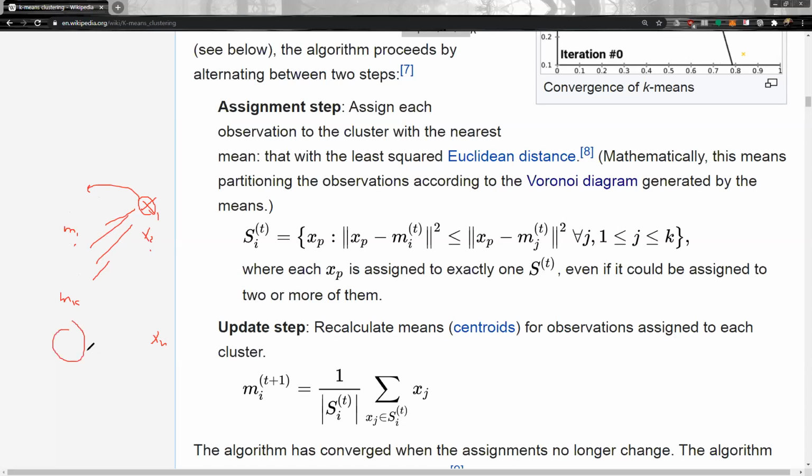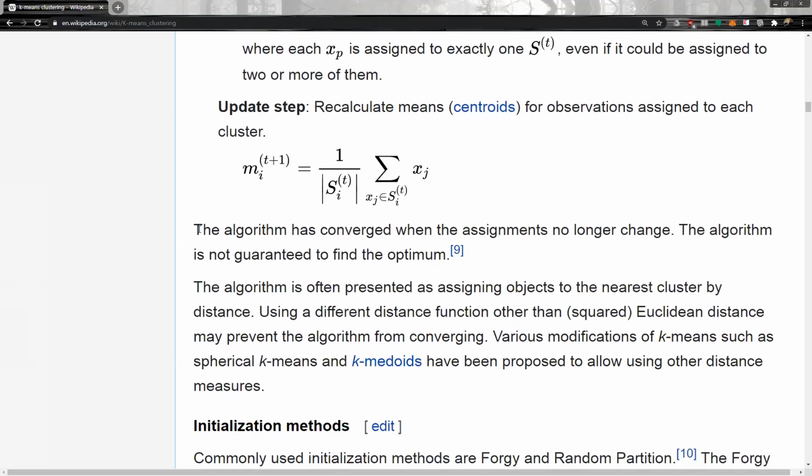Once we have clusters, we again calculate the centroid of each cluster, and we repeat several times until the assignments don't change. Then the algorithm has converged, and we stop.